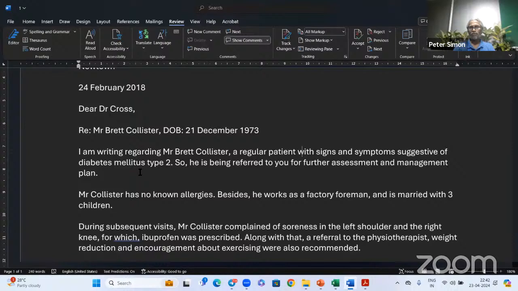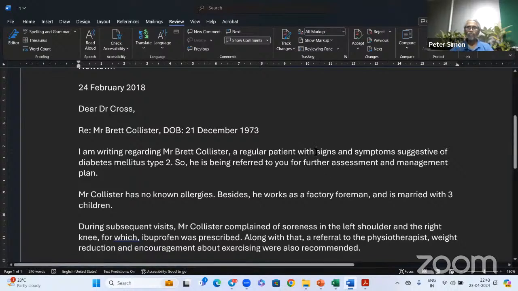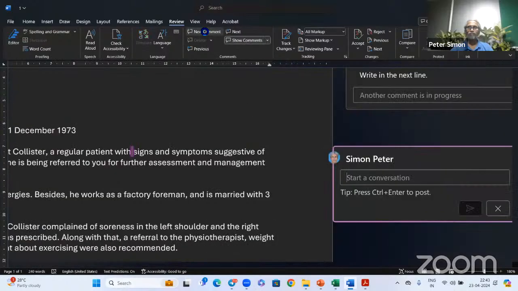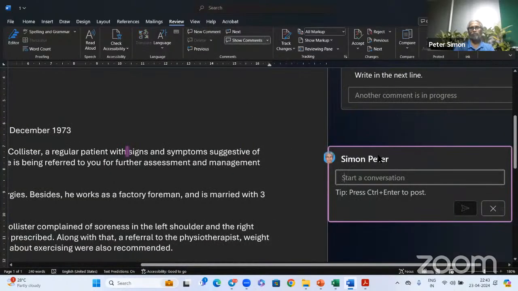With signs and symptoms. You can say with the signs and symptoms. The is needed.